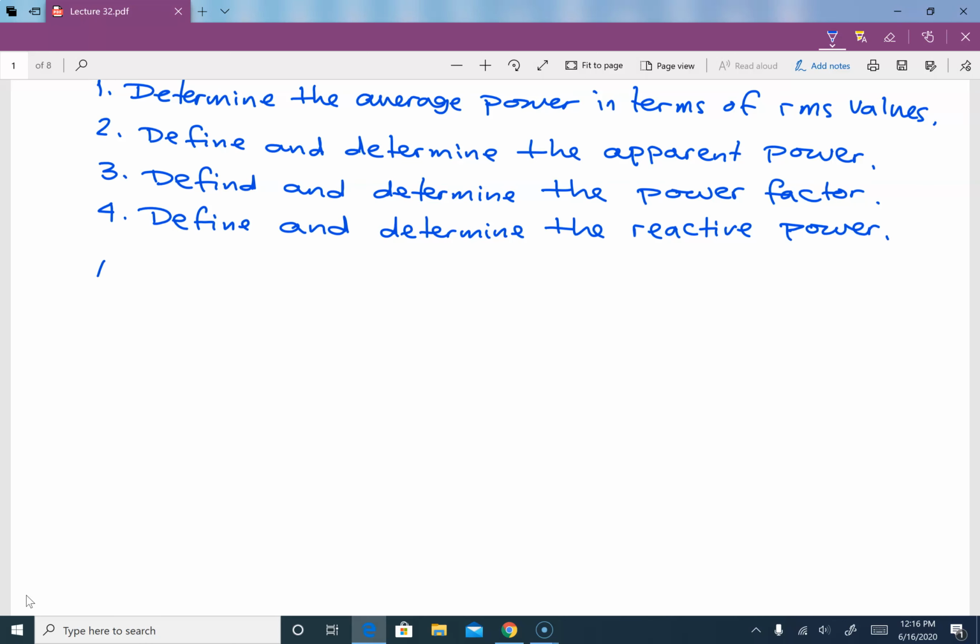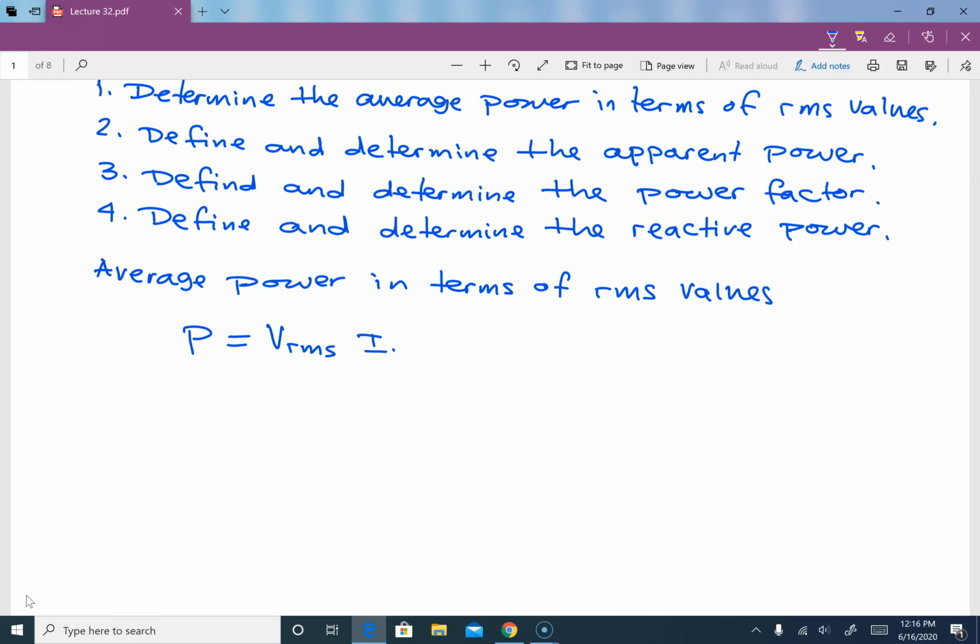So we will start with the average power in terms of RMS values. So recall that our P is equal to VRMS IRMS cosine of theta V minus theta I, and that is in watts.